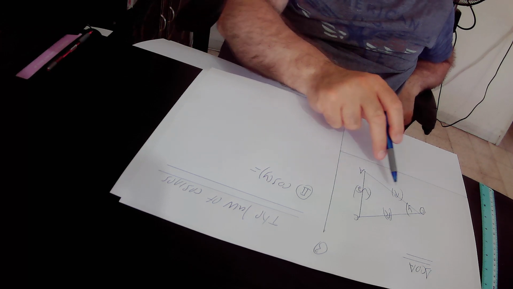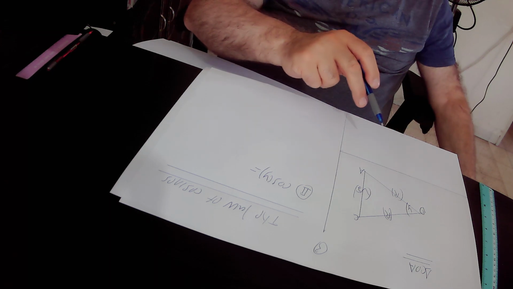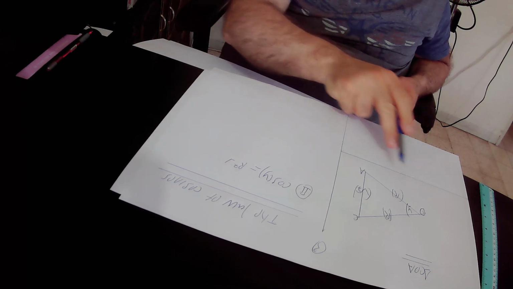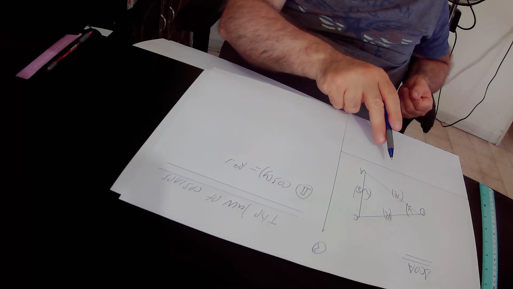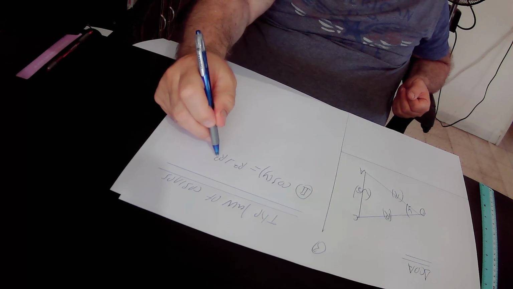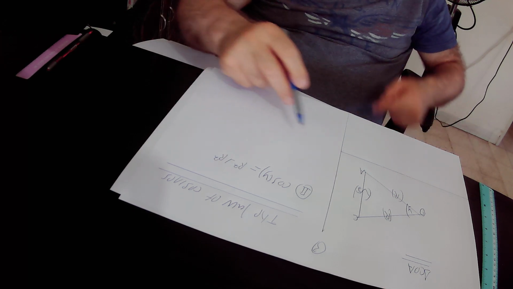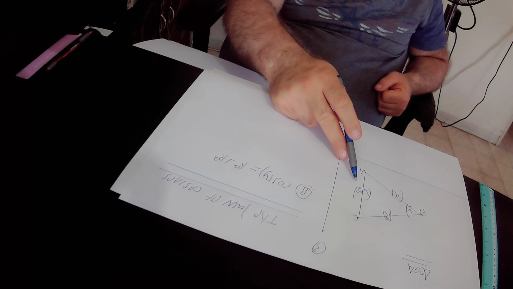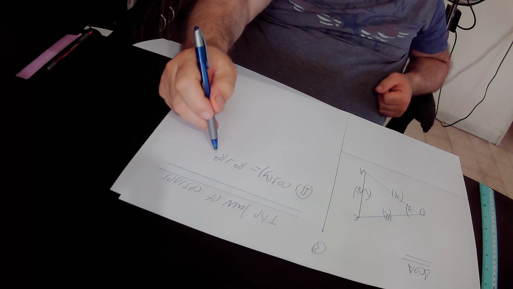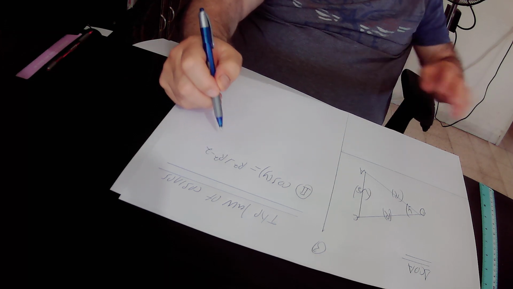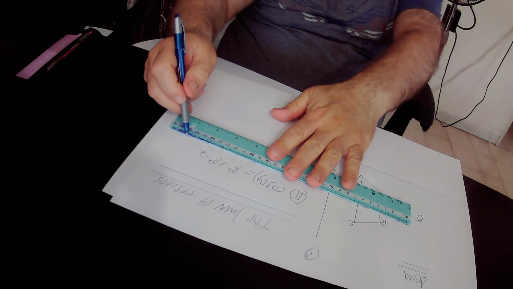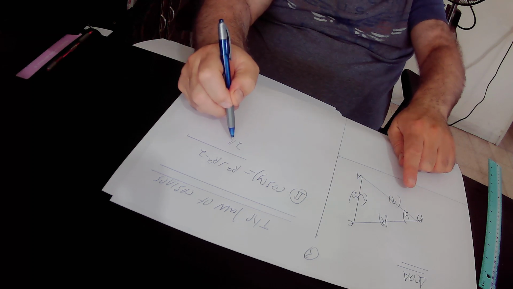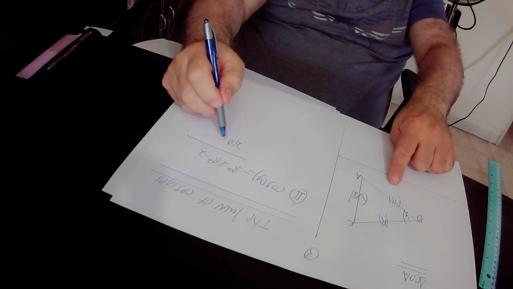OC is R, therefore OC squared is R squared, plus OA squared. OA is also R, therefore OA squared is R squared, minus CA squared. CA is square root of 2, therefore CA squared is 2. So it is minus 2, divided by 2 times OC, that is R, times OA, that is also R.